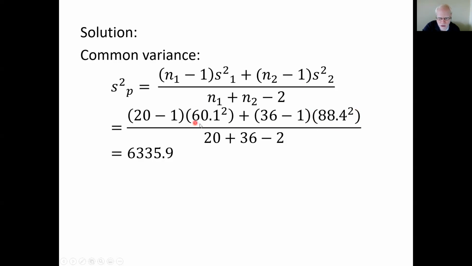But that's easy. You just plug in the standard deviation and square it. And the notation here even makes it easy, right? Because it's s squared. So if you've got s squared, just plug it in here. If you've got s, just put it in here, but keep the squared. And then the two sample sizes. And so this adds up to this value.